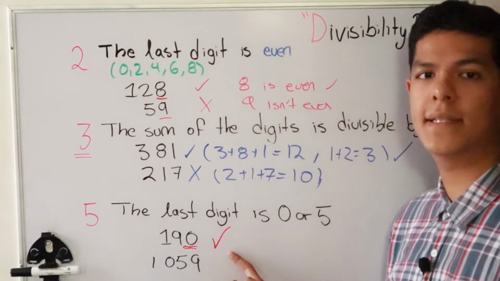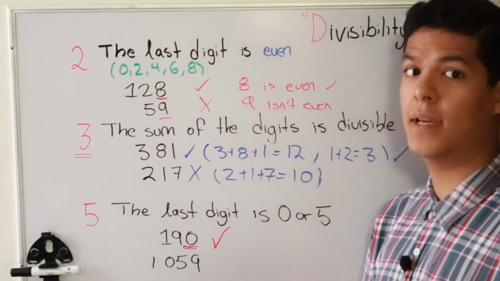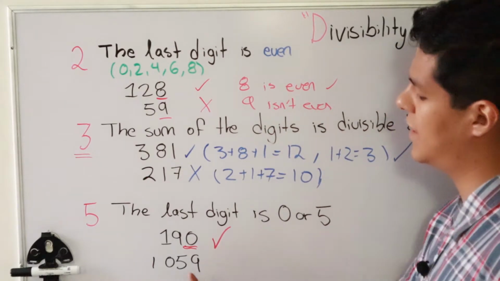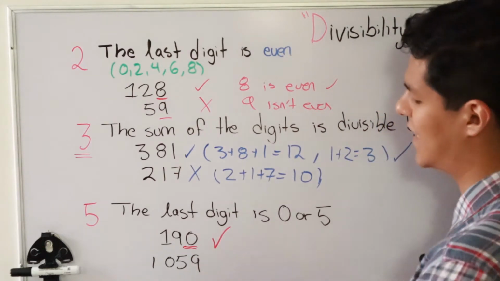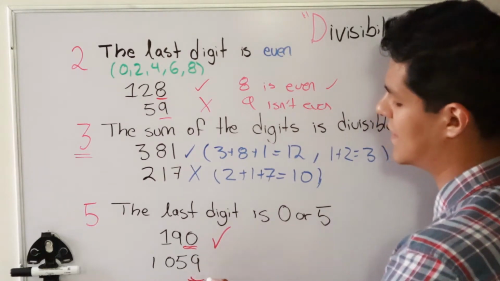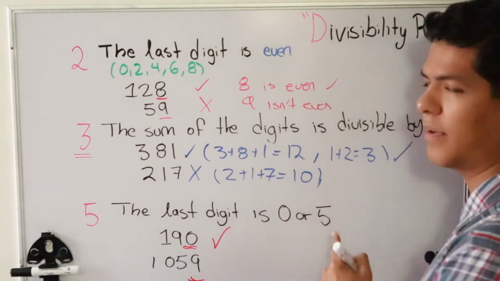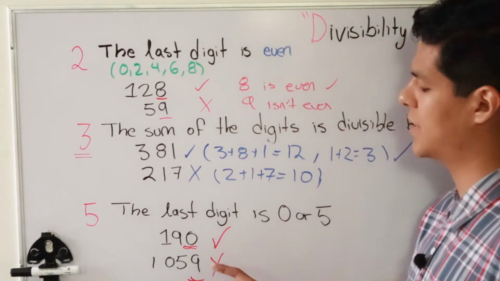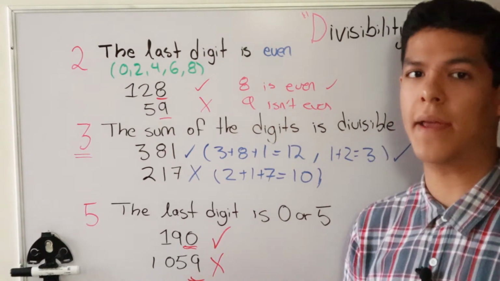The next number that we have to test with this criterion is 1059, but the last digit is 9, and 9 is different from 0 or 5. So in this case we can say that 1059 isn't divisible by 5.